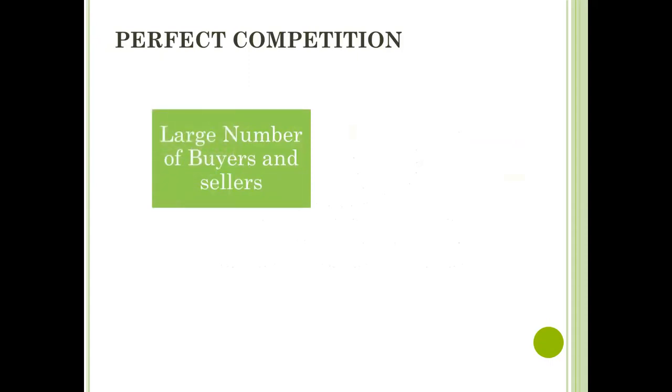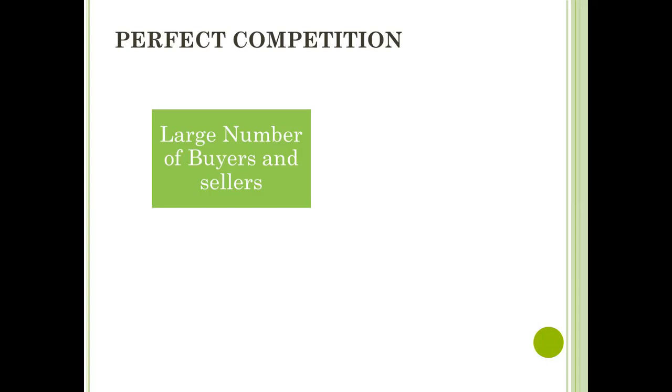We have a large number of buyers and sellers. For perfect competition, each buyer and seller is so small that he cannot exert any influence on price in the market. Each buyer is so insignificant that he cannot extract privilege from the seller.